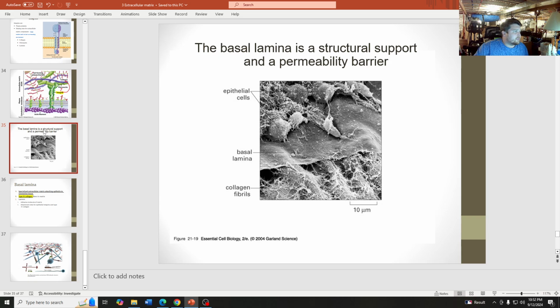Now, talking specifically about the basal lamina, it's that structural support and a permeability barrier. So there's the epithelial cells, the collagen fibrils, also that cytoskeleton, that connective tissue, the basal lamina in between, and it supports the structure overall.